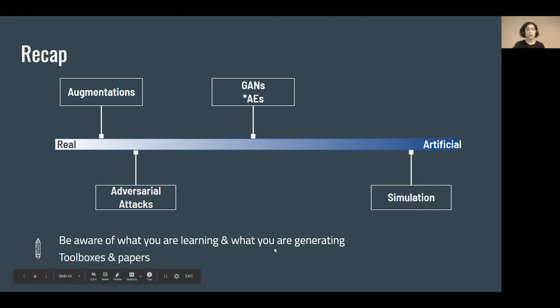Remember to think about whether the images that you're generating can somehow mess with what you're learning or not. So there's no golden solution that can solve the problem for you. But at least what you have now from this presentation is a list of tools that you can go out and use. All of them have Python APIs that you can use.